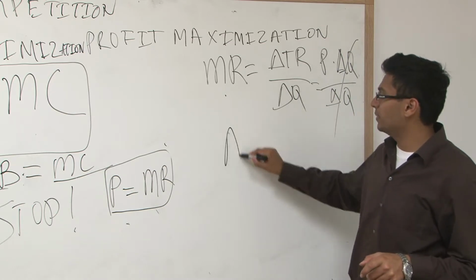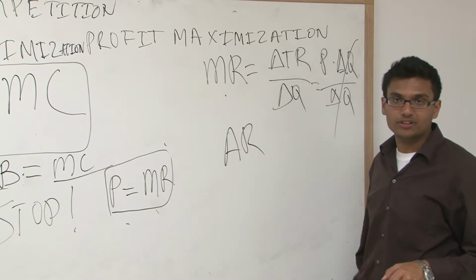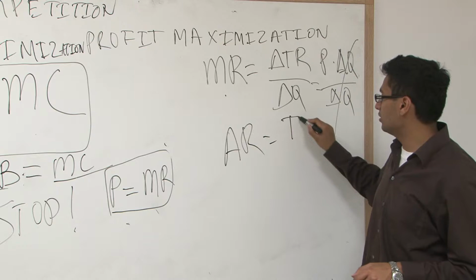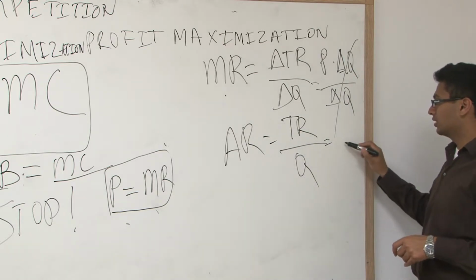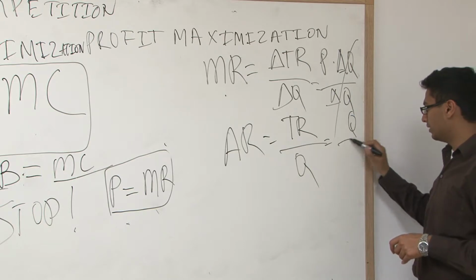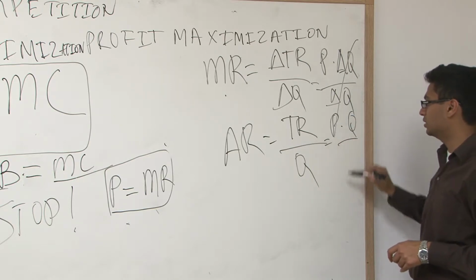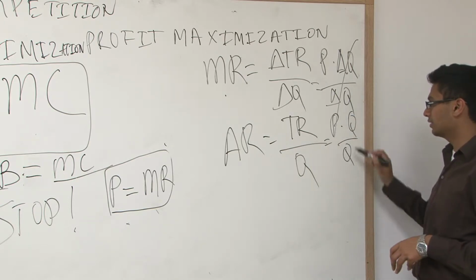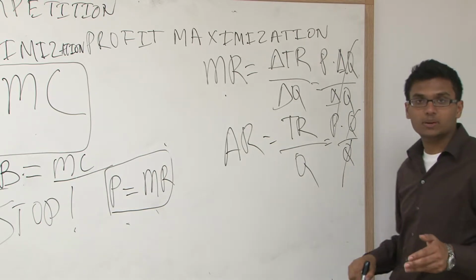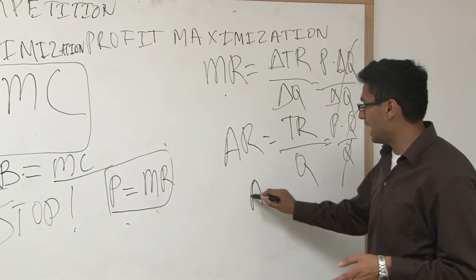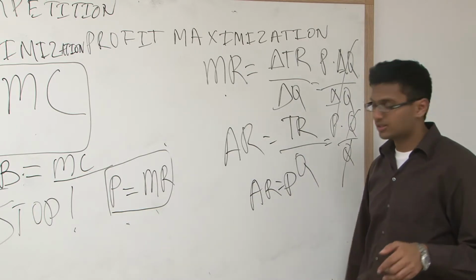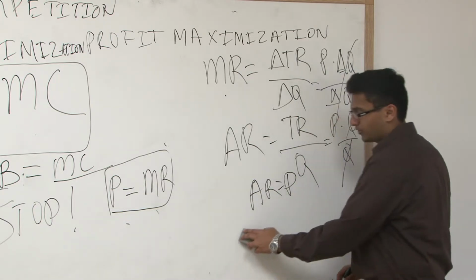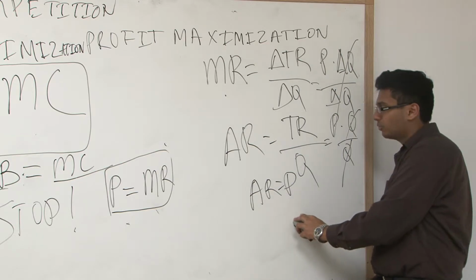We get that price equals MR in a perfectly competitive market. But there's also another property. AR, which is average revenue, is equal to TR, total revenue, over quantity. TR is equal to P times Q, divided by quantity, and guess what? In a perfectly competitive market, average revenue is also equal to P. So using algebra, we've figured out that average revenue is equal to price.